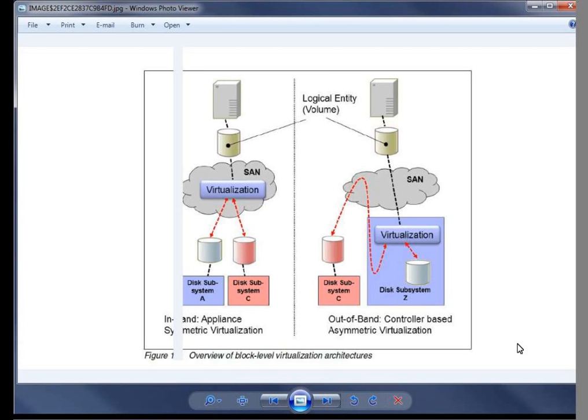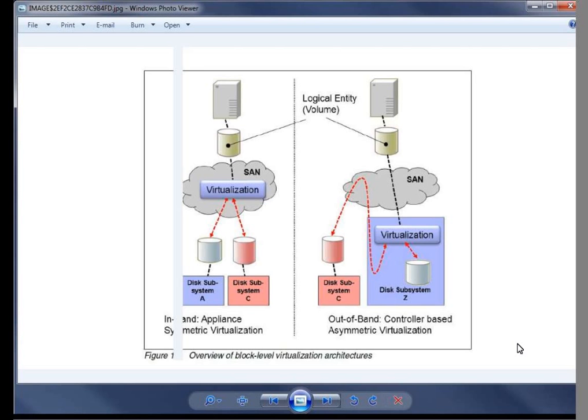The controller will essentially virtualize the third-party disk subsystem in an out-of-band way. However, SVC does this in an in-band way. If you look at the left-hand side of the figure, it is the in-band appliance, which is a symmetric virtualization, and out-of-band controller-based virtualization, which is asymmetric.